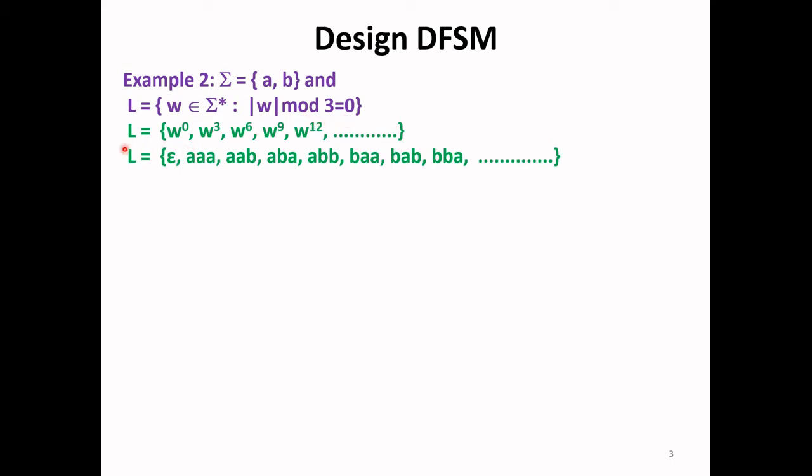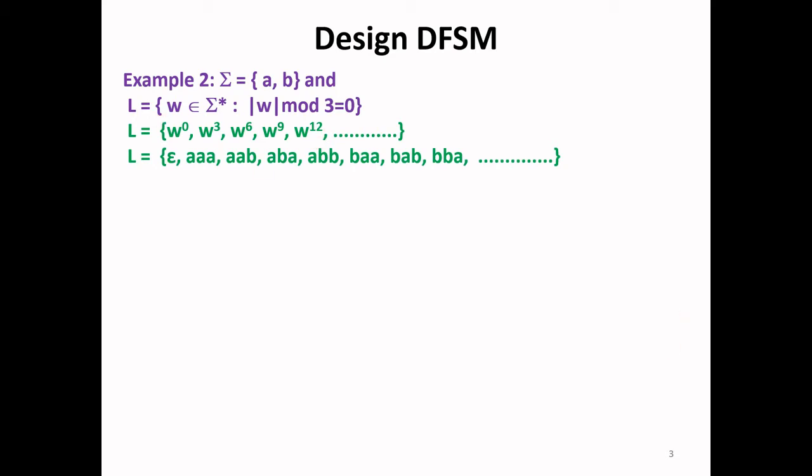So the possible strings in this language are w raised to 0, that is epsilon, strings of a's and b's whose length is 3, aaa, aab, abb, baa, any of these will be accepted. Then strings of length 6, length 9, length 12. So the same logic will be applied.